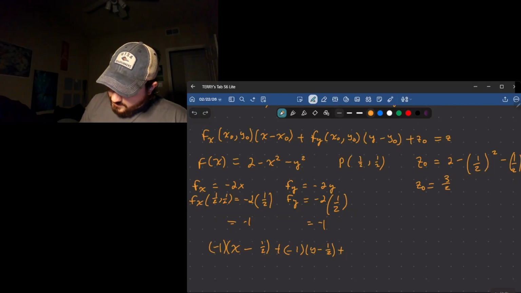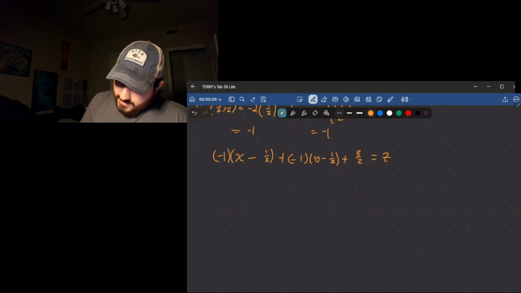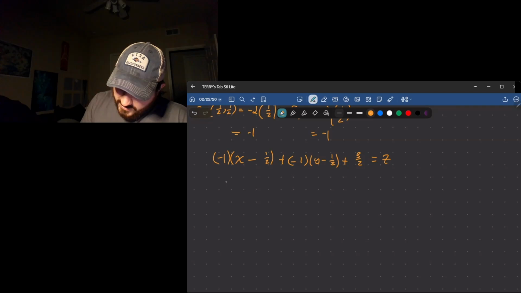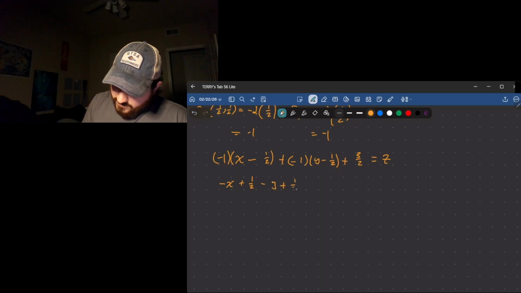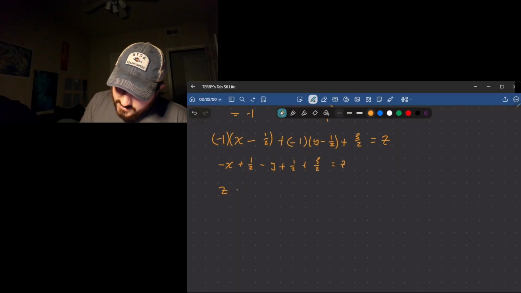Wow, that did not work at all. 3/2, there we go. And all of that equals z, right? And so now we'll just do a quick little algebraic simplification here. So we get negative x, positive 1/2, and then minus y plus 1/2 plus 3/2 equals z. Okay, so then z is equal to negative x, negative y, plus 5 over 2.